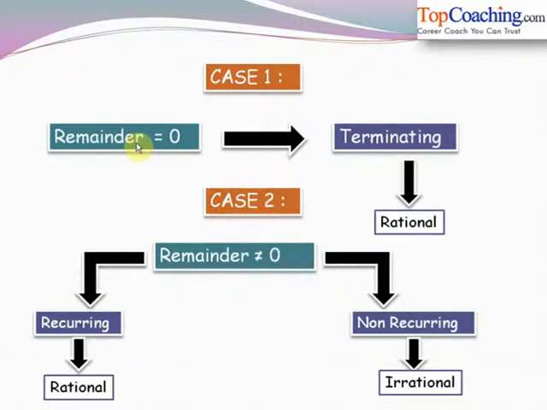Either it could be recurring, that is the remainder keeps repeating itself after a fixed interval, or it could be not repeating, or we do not get a fixed pattern. If we get a fixed pattern, or if the remainder is repeating, then it's a recurring decimal, and such numbers which are non-terminating and also recurring are known as rational numbers. On the other hand, if we get a non-terminating and non-recurring decimal number, then this is an irrational number.